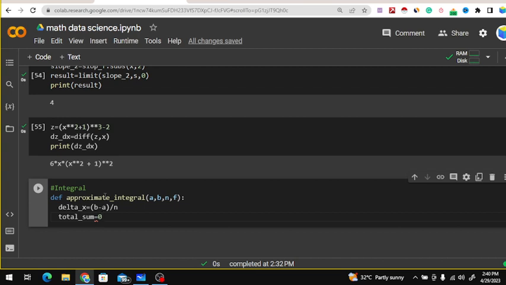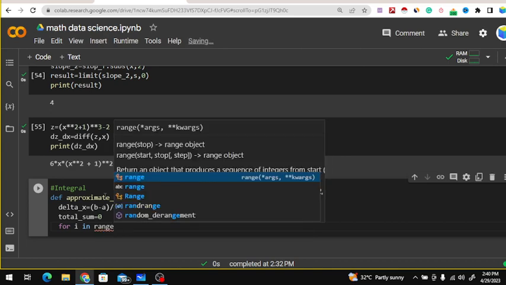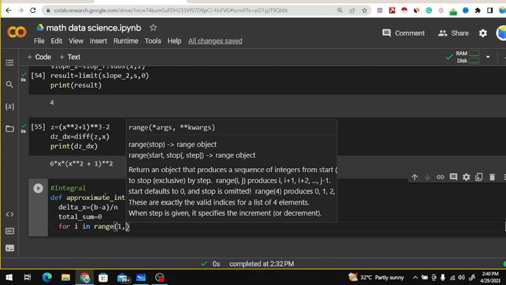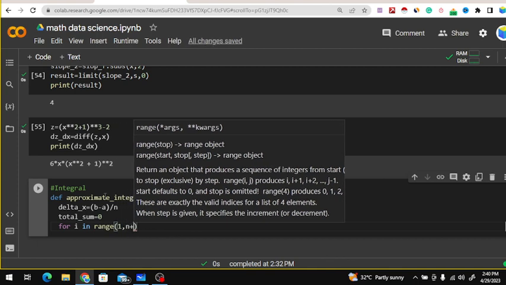Now let's create the second part. We are using a for loop, for i in range 1 comma n plus 1.